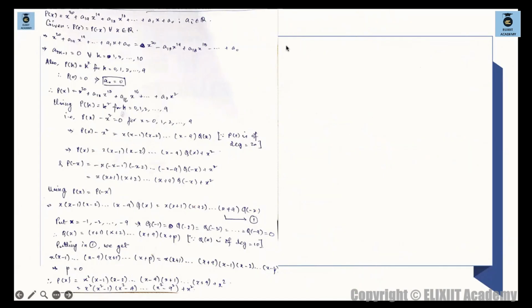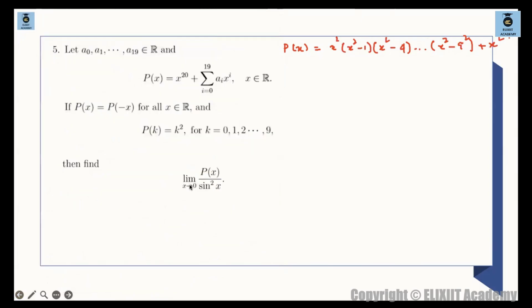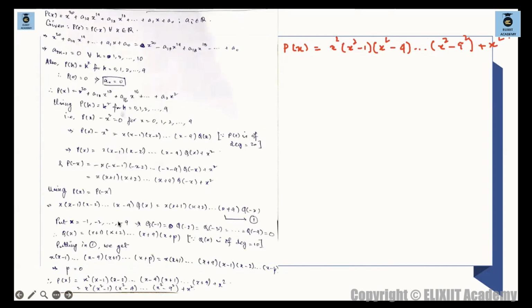See, once you have found out this polynomial p of x, what is p of x? p of x is x square into x square minus 1 into x square minus 4 and so on till x square minus 9 square, plus x square. They are asking you to find the limit as x tends to 0 of p of x upon sine square x.